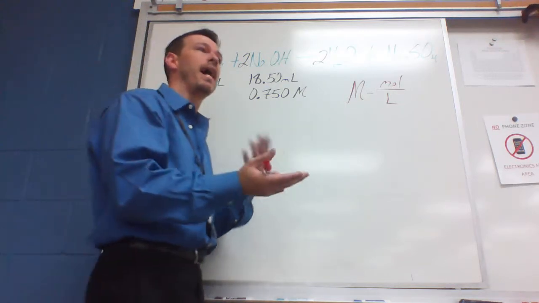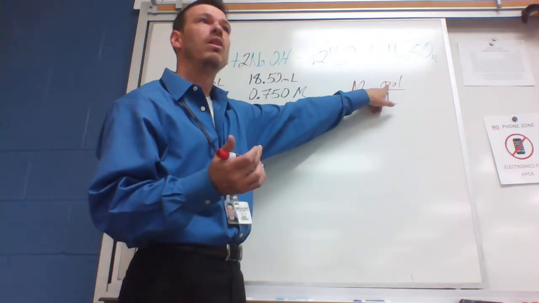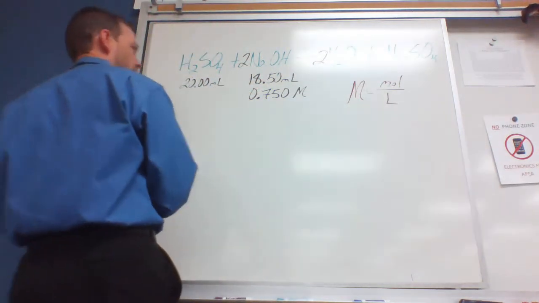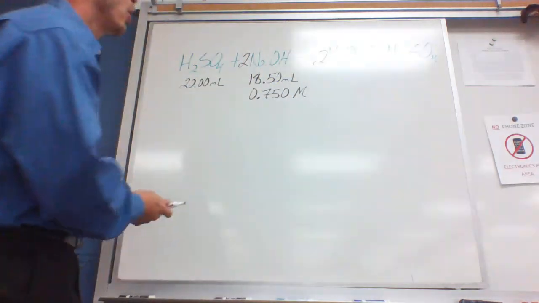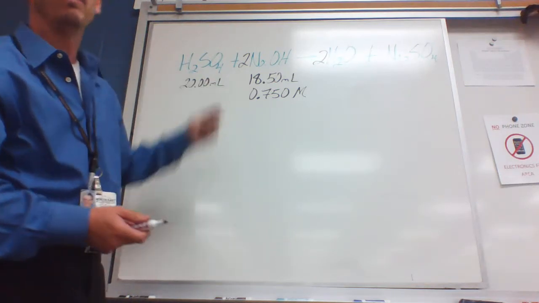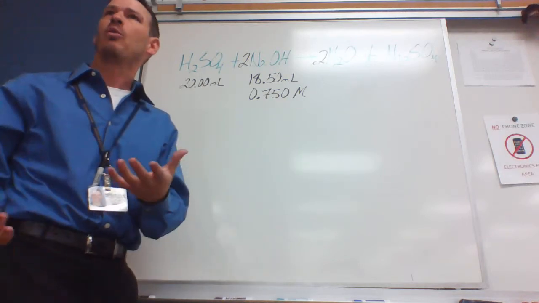Realize that algebraically, M times L equals moles. So with that assumption, we can run very quick calculations here without having to continuously rewrite that equation. If I'm given volume and molarity, it's the product of these two that will give you moles. Because as we said a moment ago, you have to start with moles of given.